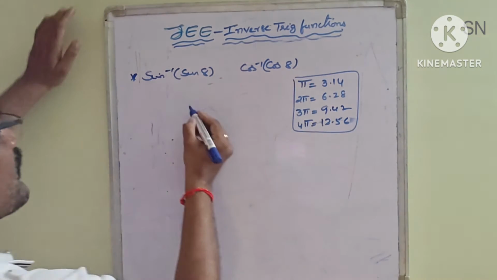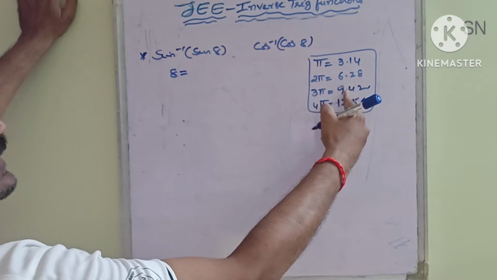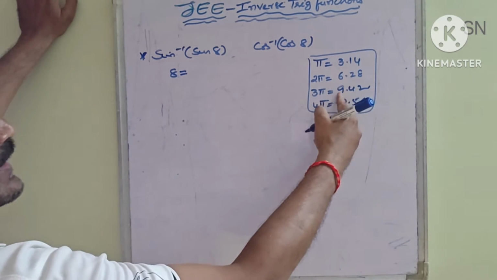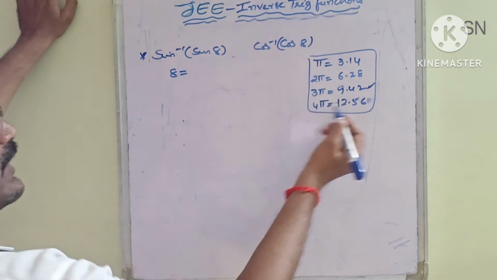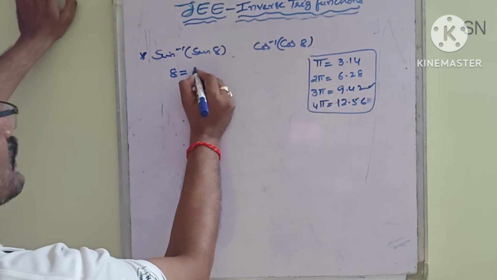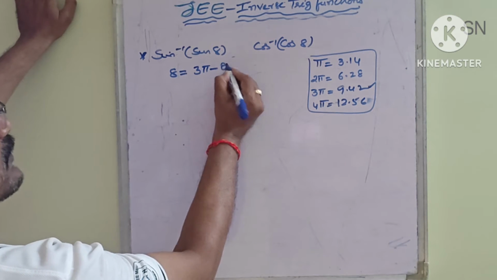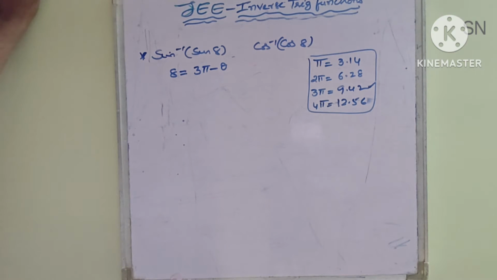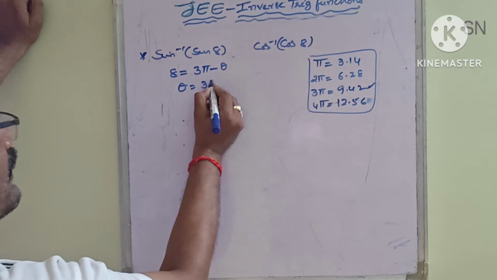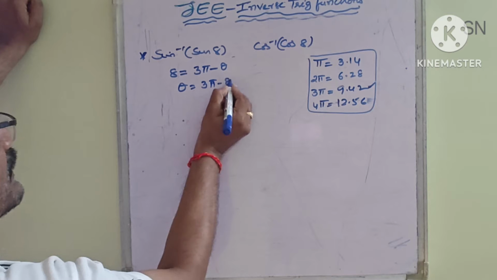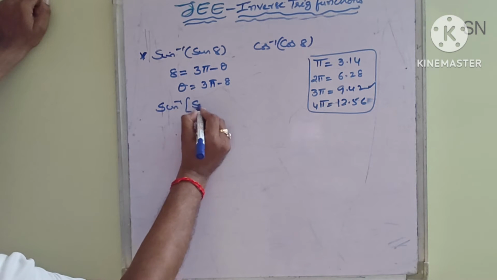So now 8. What is 8? 8 lies between 6.28 and 9.42. Nearby 9.42, that is equal to 3 pi minus theta. Here minus theta means 3 pi minus 8. Now substitute into sin inverse of sin.